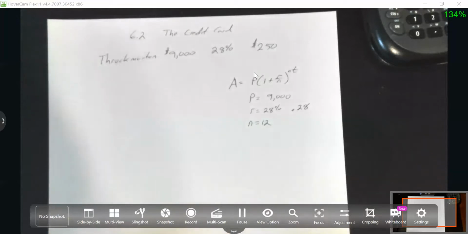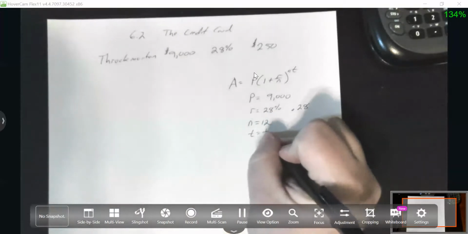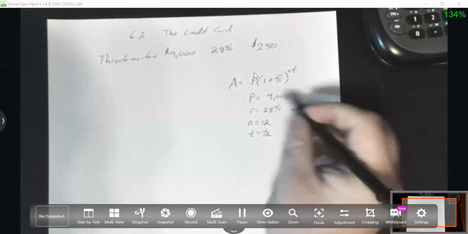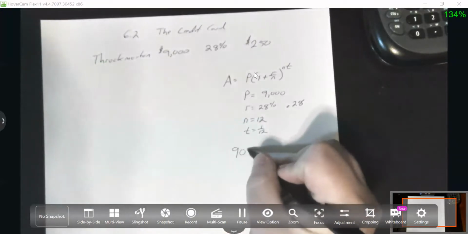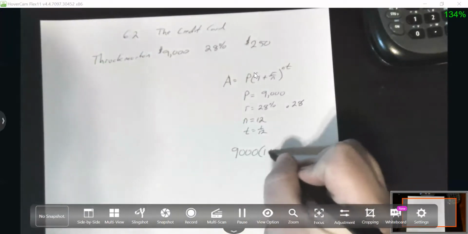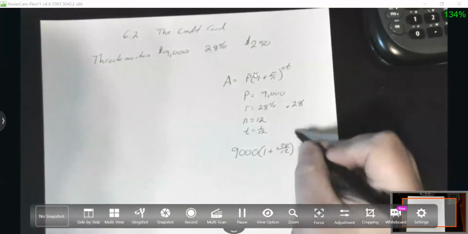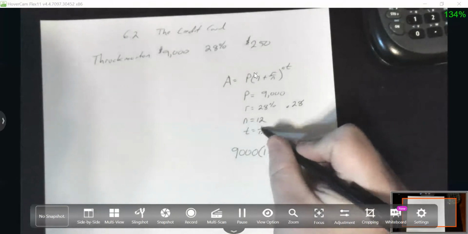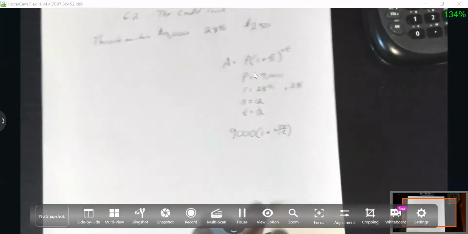Now, when we work with a credit card, you're typically making payments once every month. So our time on every calculation is actually 1/12. So if we plug all this information in, we'll see a couple odd things happen. For one, we have our 9,000 times 1 plus 0.28 over 12 to the power of N times T. 12 times 1/12 would just cancel, so we don't even have to worry about that.